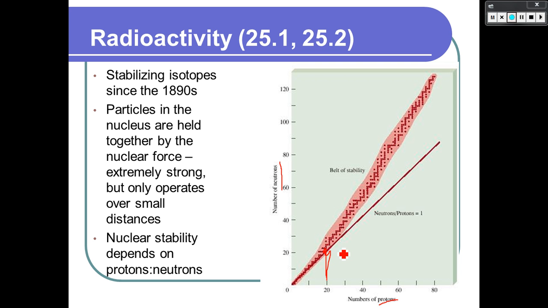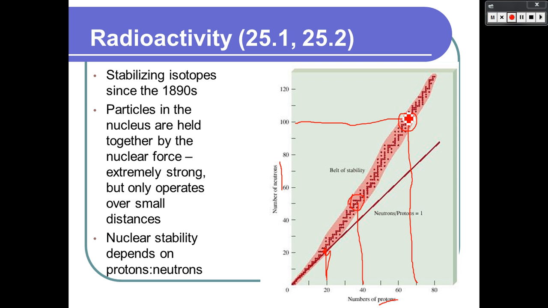But then as the elements get larger, here at, say, 40 protons, you're going to have approximately 50 neutrons. When we get up to, say, 70 protons, you end up with 100 neutrons. So this is where you're going to be most stable.